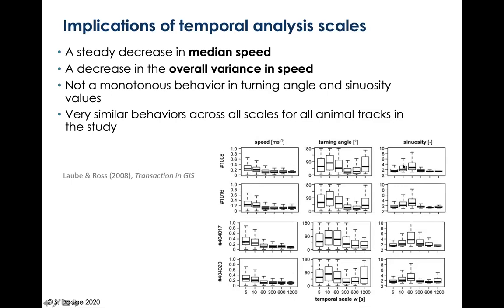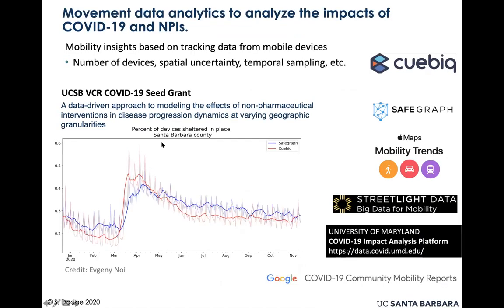However, on turning angle and sinuosity, the impact is not as monotonic. They looked at this for 10 tracking trajectories of cows, and they also did a Monte Carlo simulation to look at the relationship between the impact of scale and uncertainty. I highly recommend this paper.